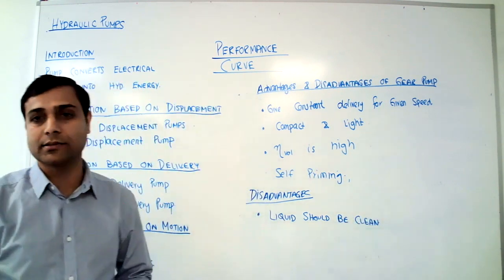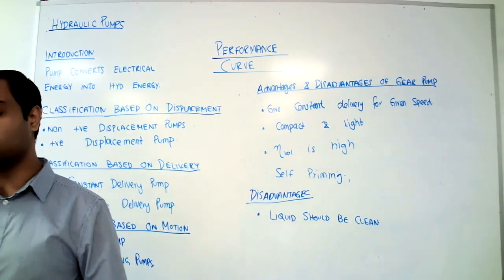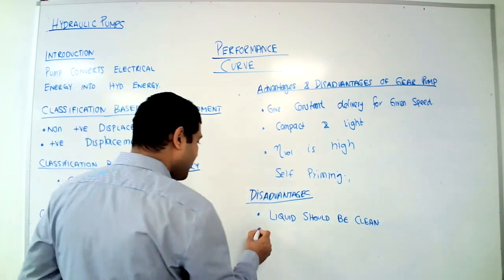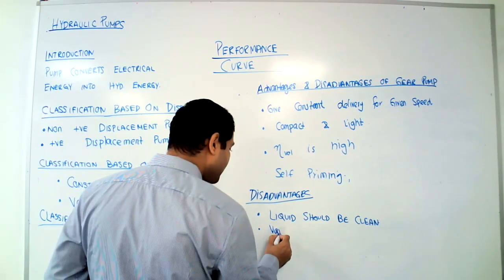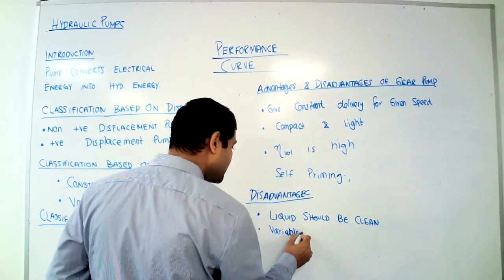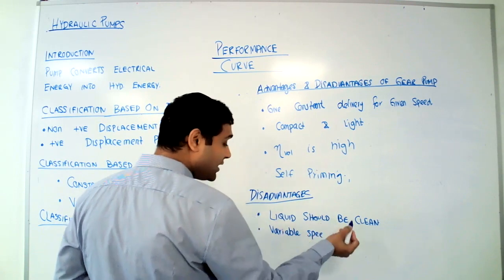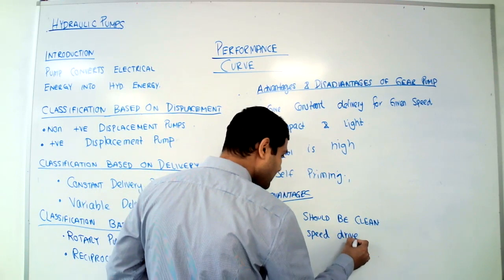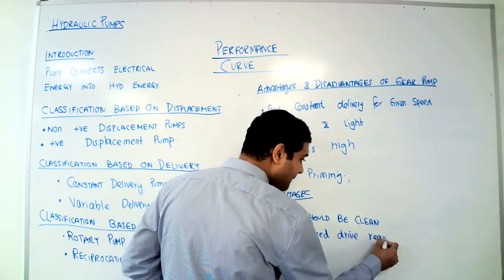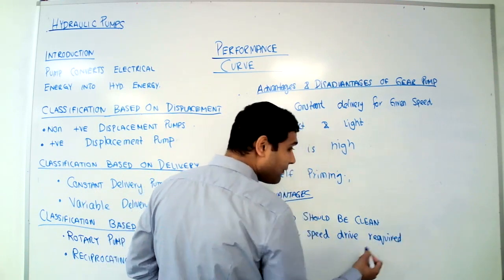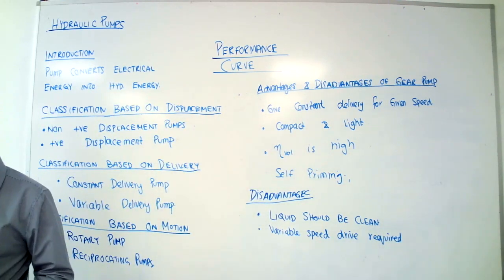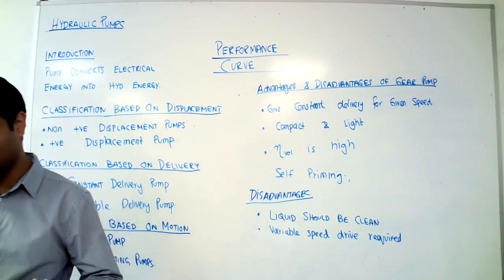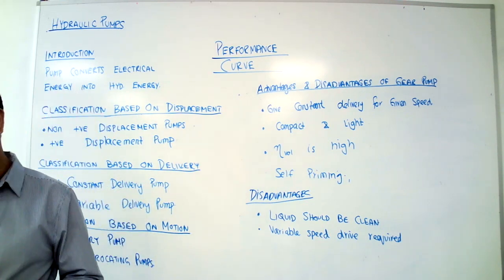Can't pump slurries or liquid with different particles. Variable speed drives are required to change the delivery speed. If you want to change the delivery, more fluid, less fluid, more flow rate, less flow rate, we have to have the variable drive.